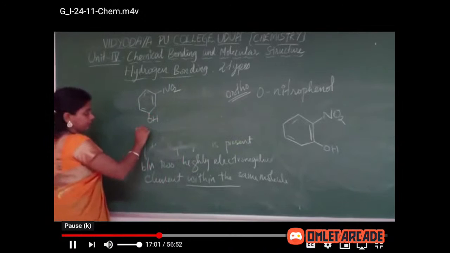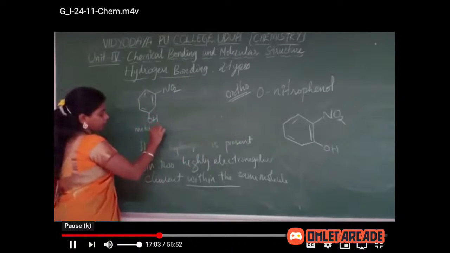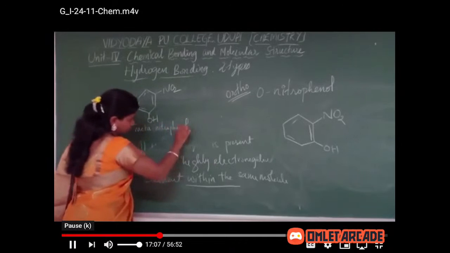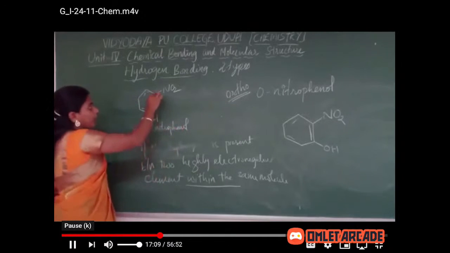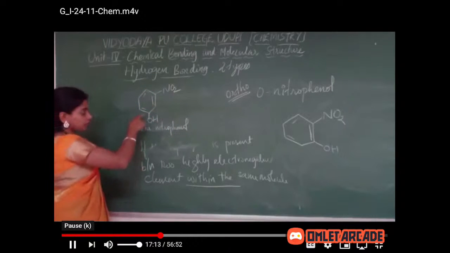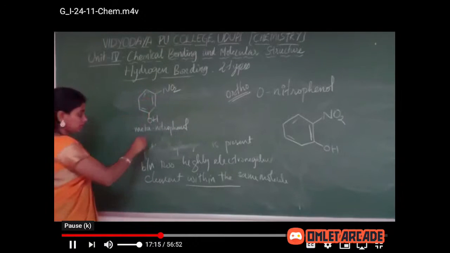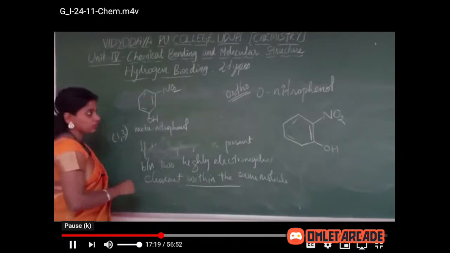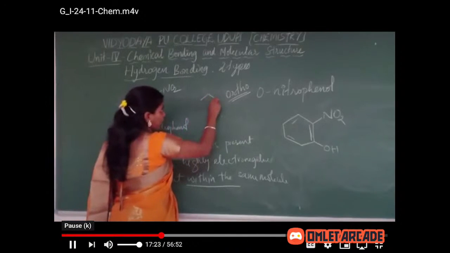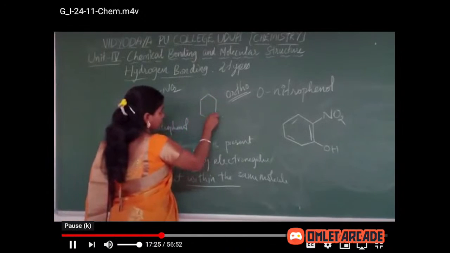This is meta-nitrophenol. Okay, the first and the third carbon. This is meta, functional groups at 1 and 3 positions. One more is there, that is para. Para, 1 and 4 position, exactly opposite.